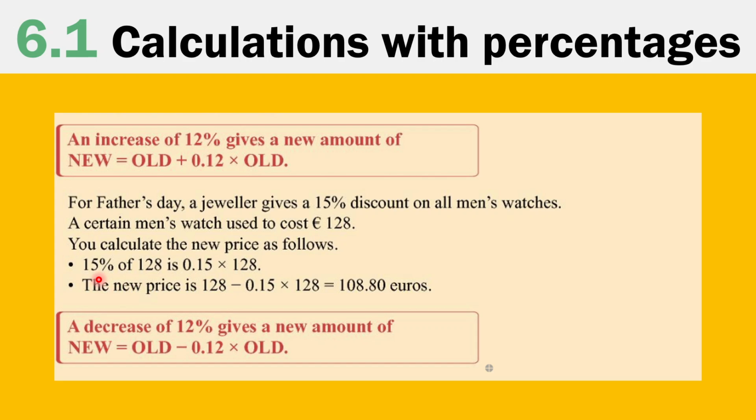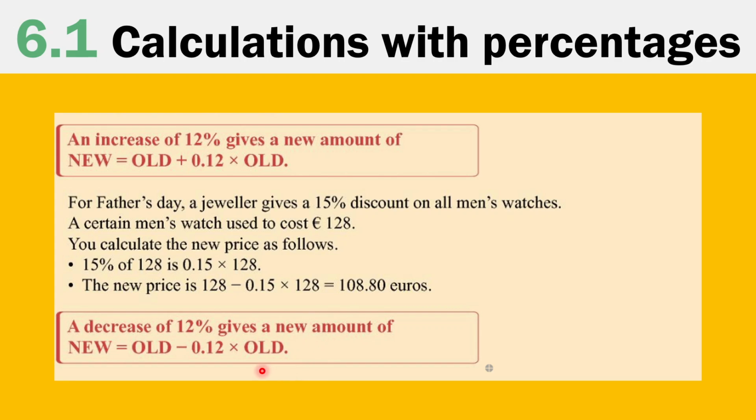So that's 15 converted to a decimal number, 0.15, times 128. Then you get a number, and instead of adding that, we now subtract it from the old price, right? So 128, your old price, minus 0.15 times your old price, and you get 108 euros and 80 cents.